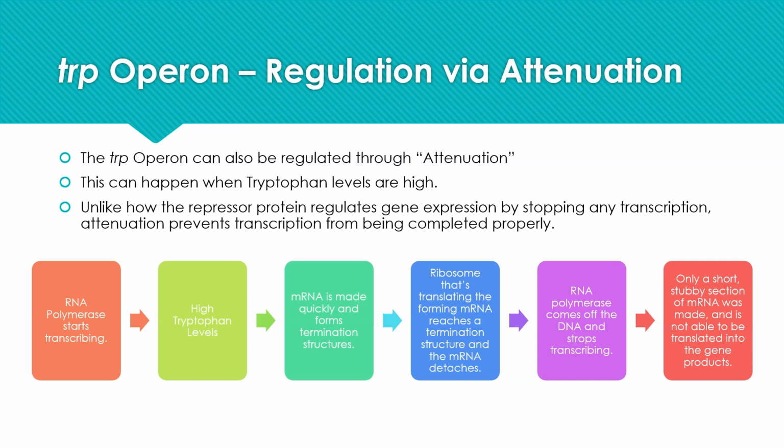Once that detaches, the RNA polymerase detaches from the DNA strand itself and it stops transcribing. And so you end up with only this little bit of mRNA being made, and a little bit of it being translated, but you don't get anything translated into the final gene products, which means you never end up with your final proteins, which means you never end up with the things that make tryptophan.